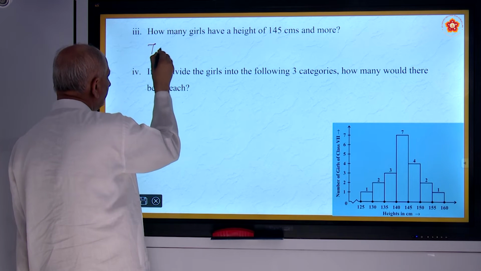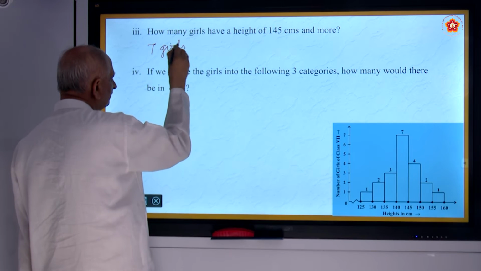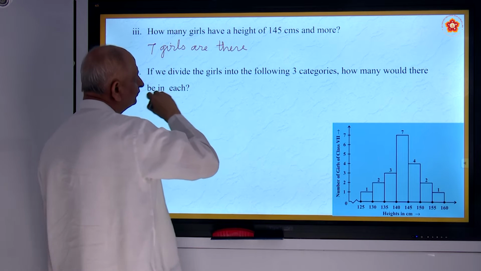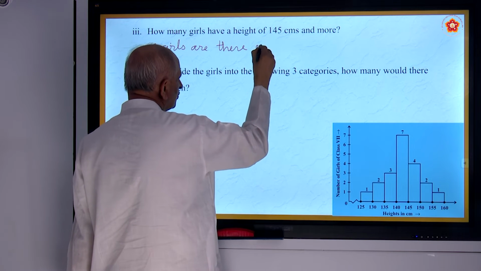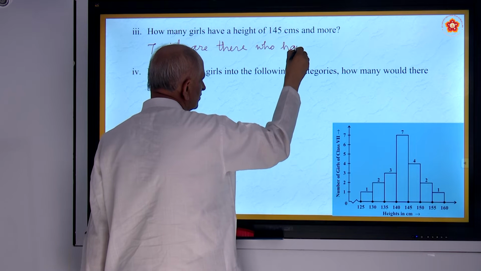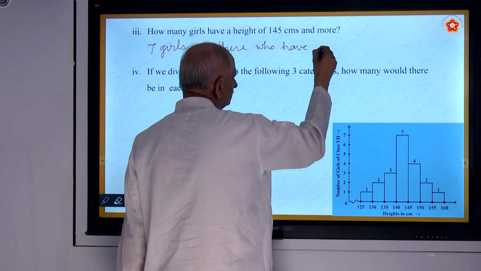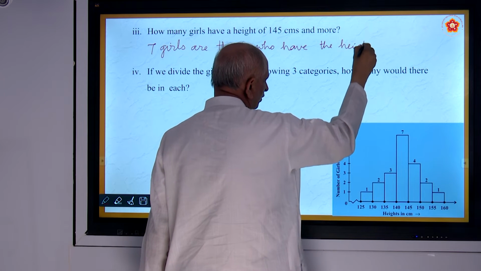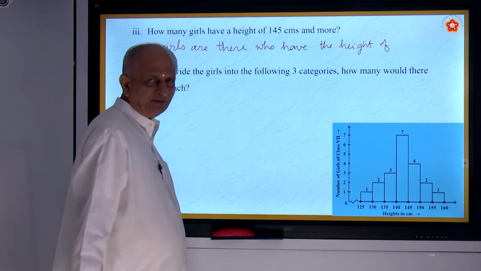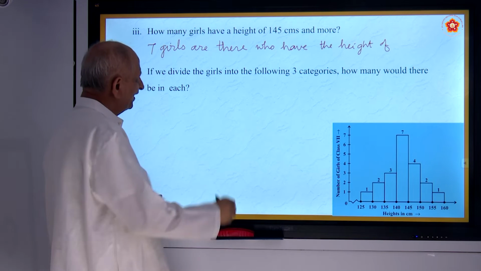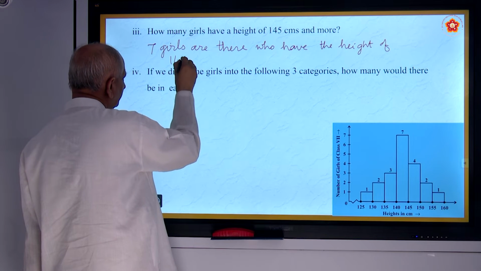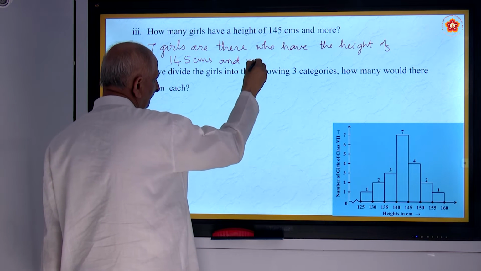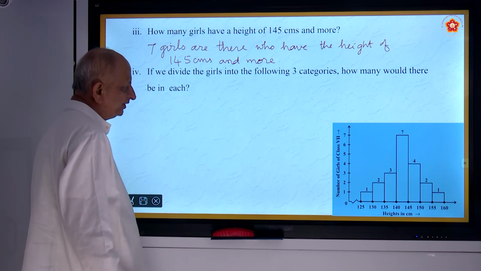So 7 girls are there who have a height of 145 centimeters and more. So 7 girls is the answer.